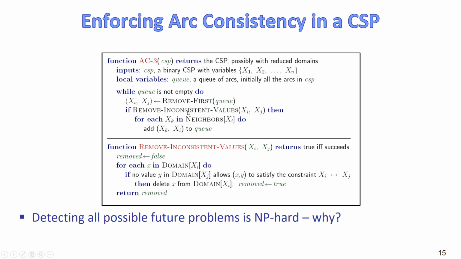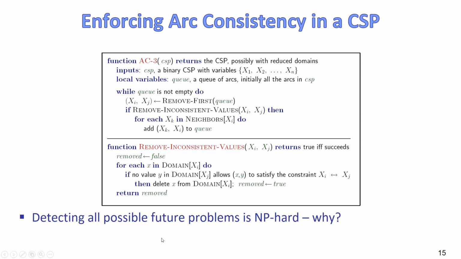Now this is checking arc consistency for all edges, and remember that we have to do that every time we assign a new value to a variable. So this is within the scope of the backtracking algorithm. That's not the whole thing, of course, that's just the step of doing arc consistency. Now here we say that detecting all possible future problems is NP hard.